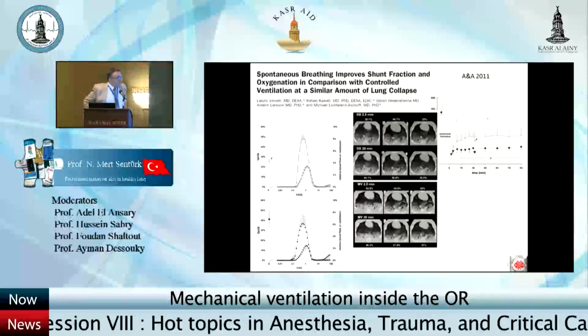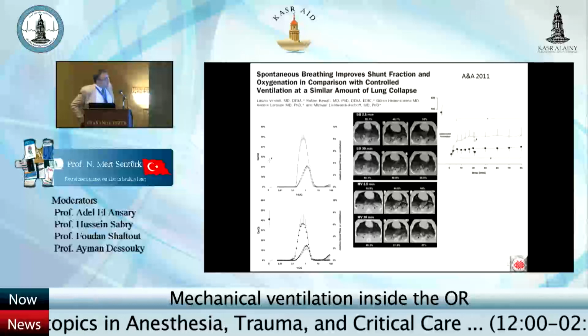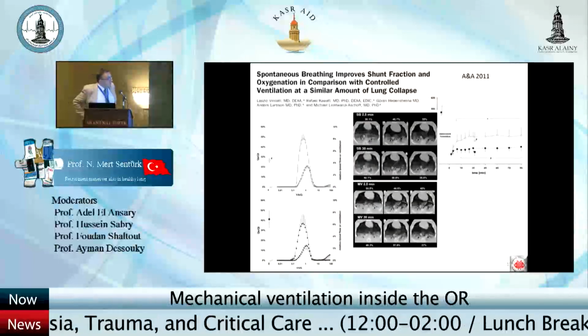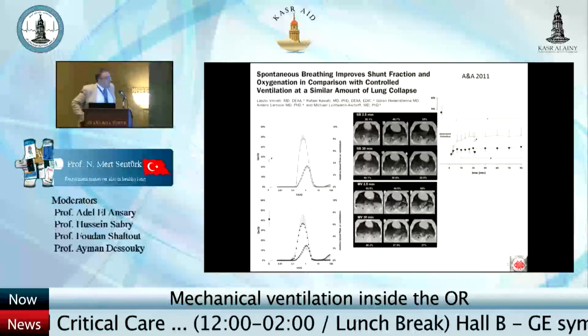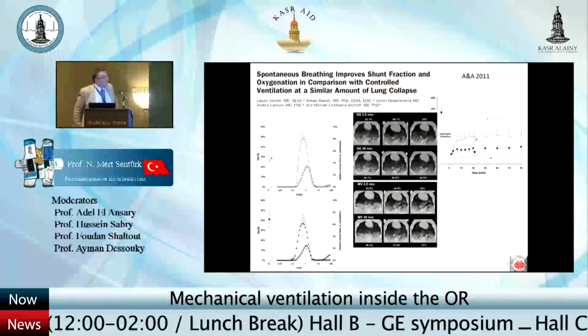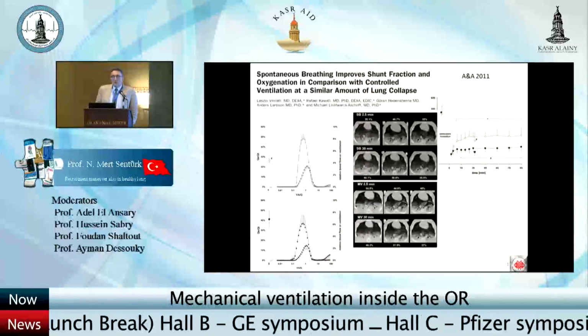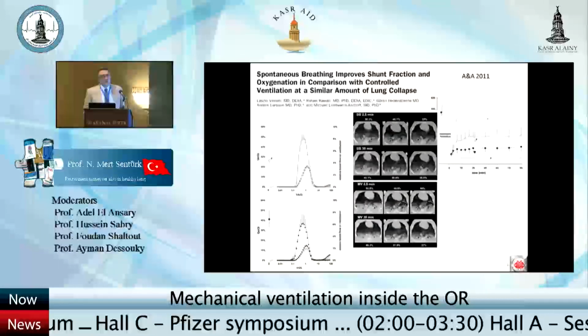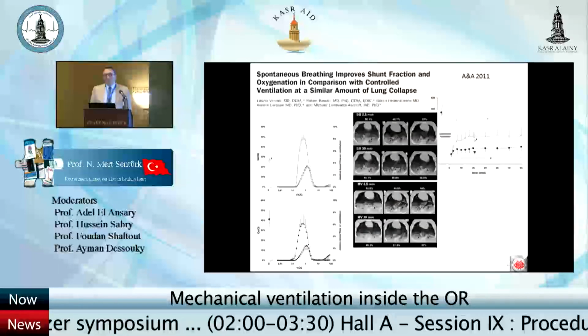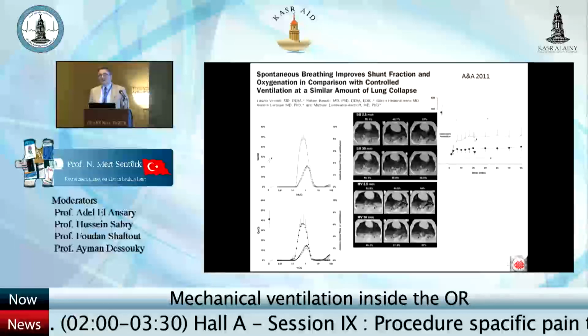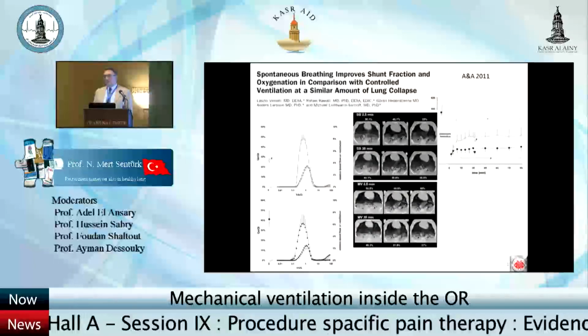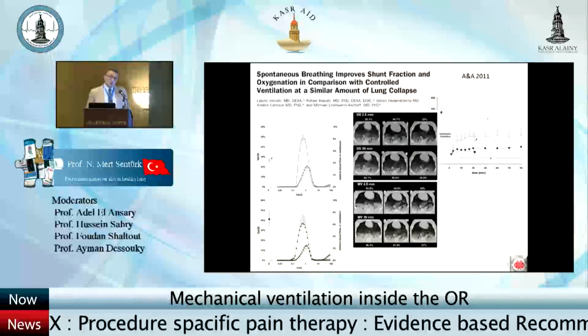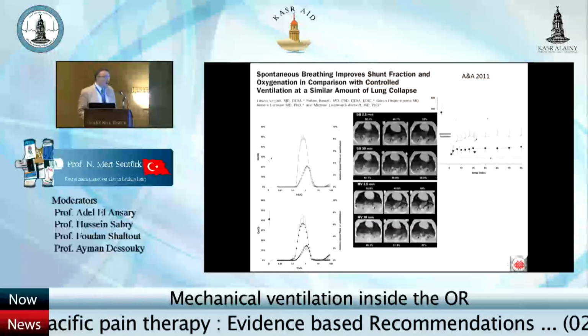As a matter of fact, it has been shown that spontaneous breathing improves the shunt fraction and oxygenation in comparison with controlled ventilation. So if it were possible to use spontaneous ventilation during operations, maybe this would be the optimal ventilation strategy during surgery.